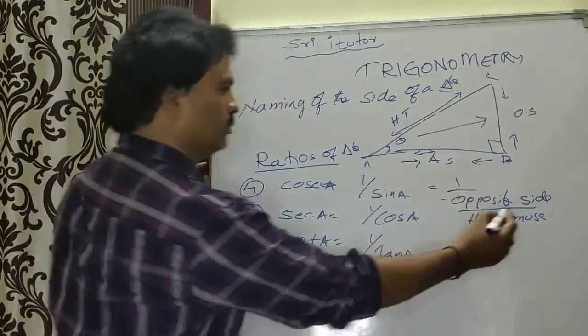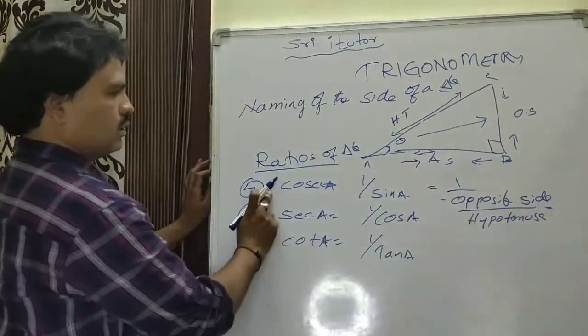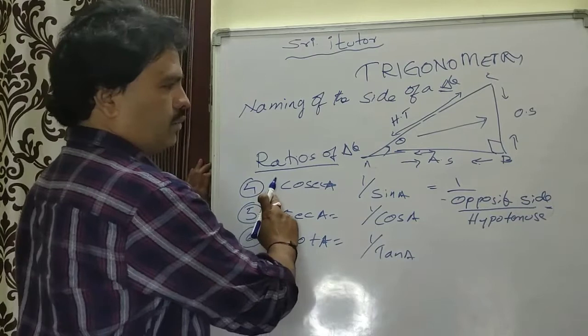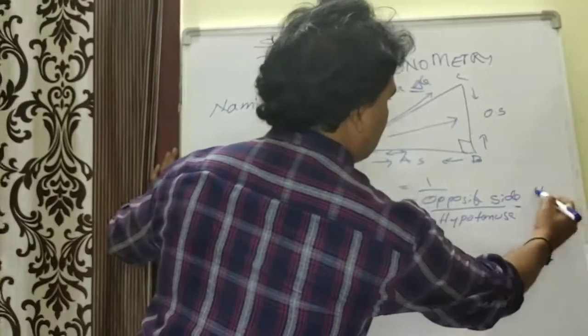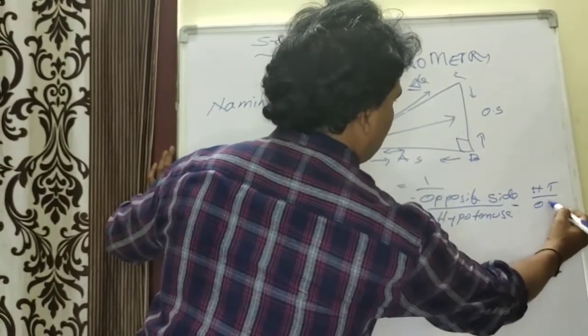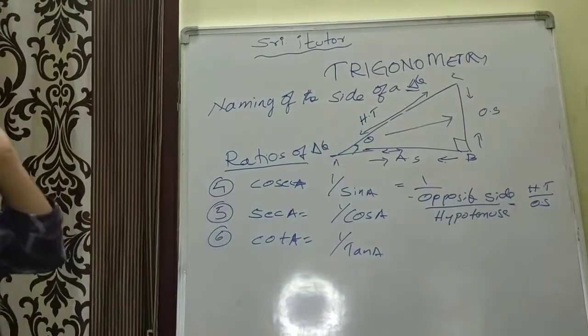So cosec A is hypotenuse by opposite side. So we got the fourth one.